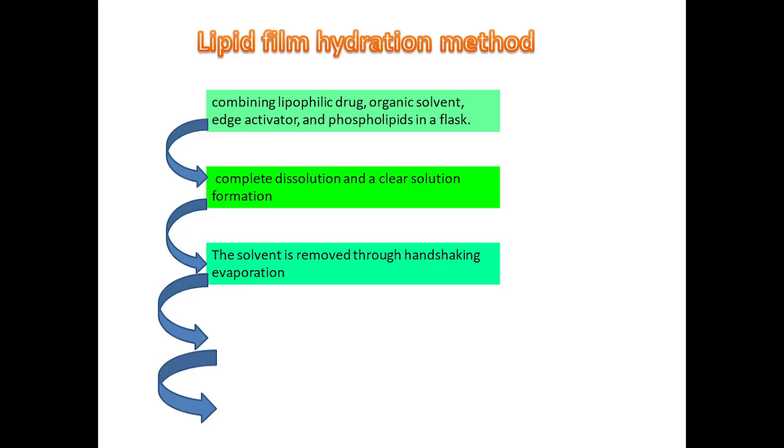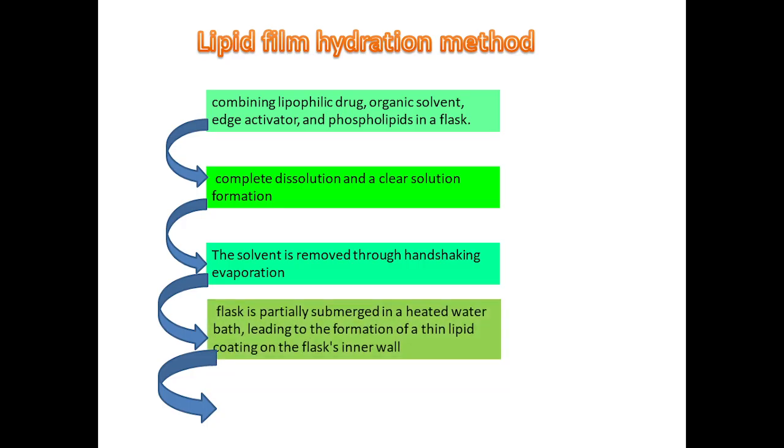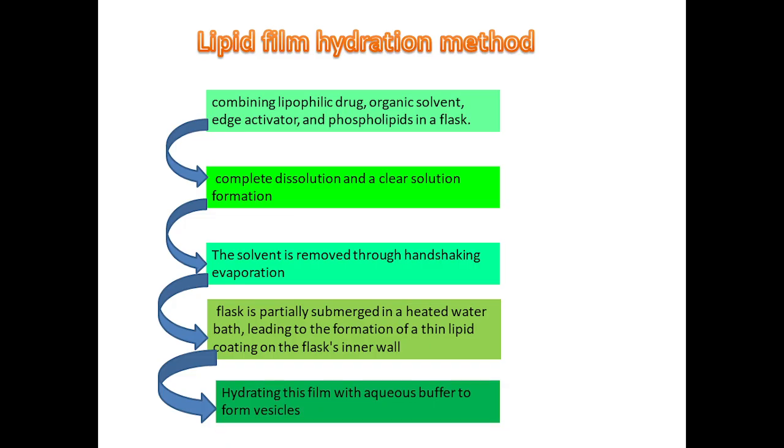Then the solvent is removed through handshaking by evaporation. The flask is partially submerged in a heated water bath, leading to the formation of a lipid coating on the flask inner wall. Now hydrate that film with buffer to form vesicles. So this is the lipid film hydration method.